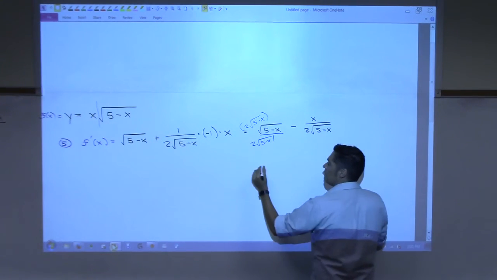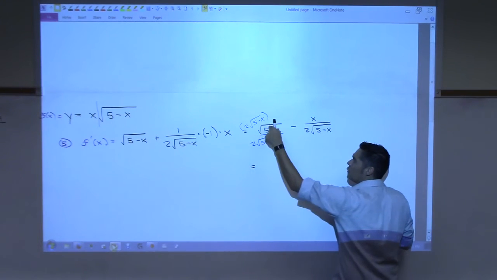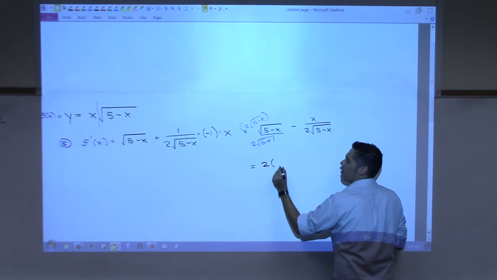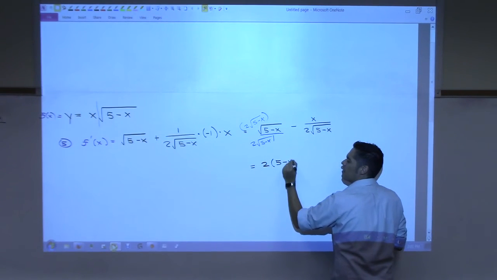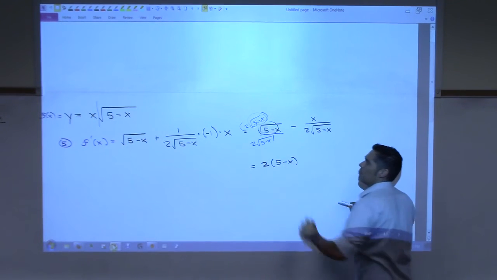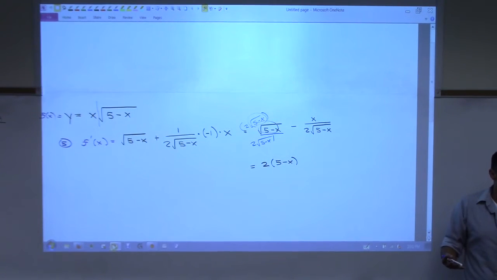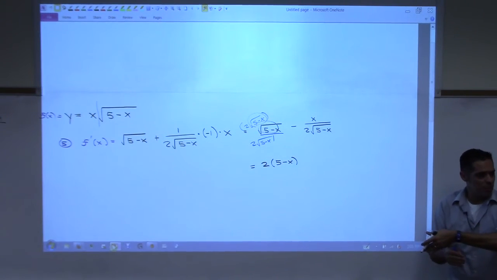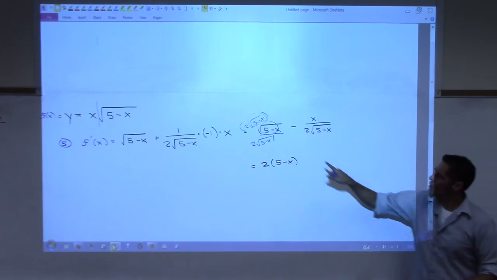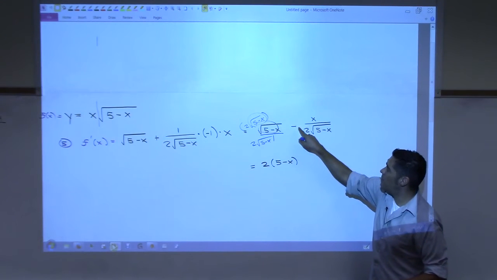And so my new numerator here, I'm going to go kind of slow. There's 2 times root 5 minus x times root 5 minus x, right? The 2's there. This root times this root, the roots go away, you have 5 minus x. But the 2 has to distribute to each one. That's the new top. And then now, why don't I combine it with this top?